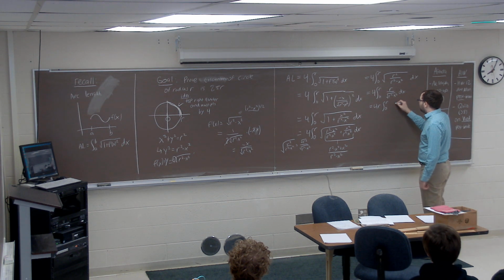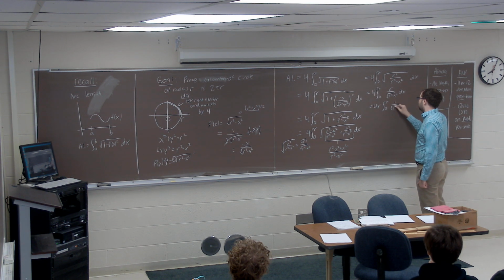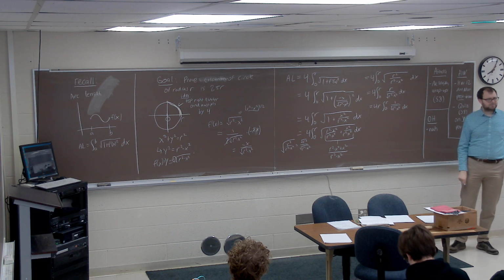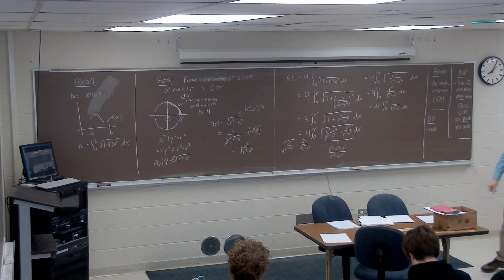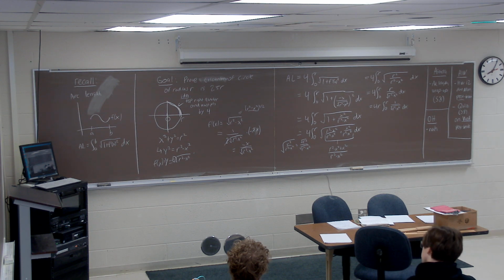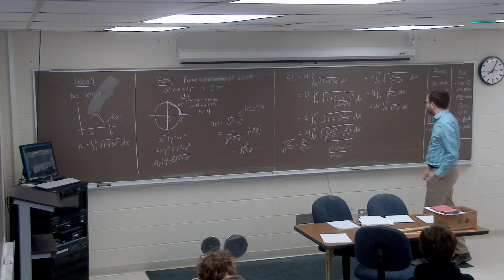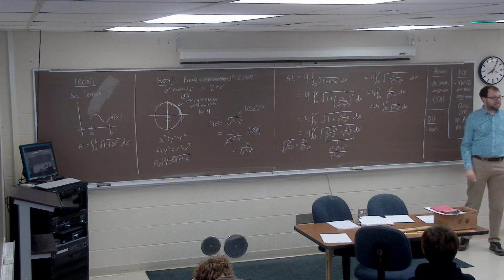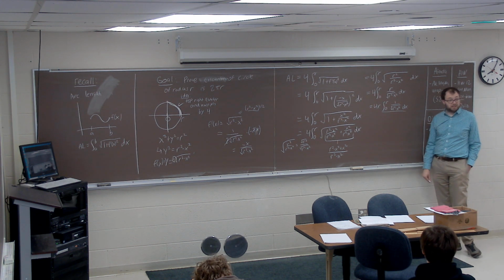So that'll give us 4r times the integral from 0 to r of 1 over the square root of r squared minus x squared. And Nora, what did you say that this looks like to you? It looks like the inverse sine function. Yeah, it looks a lot like an inverse sine function. In fact, this integral is a type of integral that showed up on some standard 5 problems.